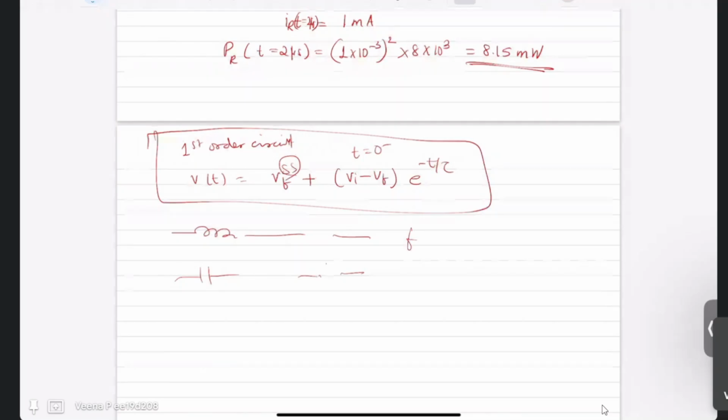By solving the mesh equations, you can get the equivalent voltages. Once you have the equivalent voltage, even for inductor as well as capacitor, you can find the equivalent capacitance or equivalent inductance. By solving the voltage equations as well as current equations, you can get the equivalent capacitance and equivalent inductance values. That is no issue.